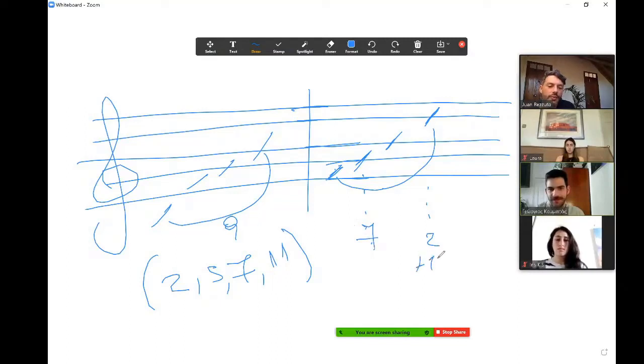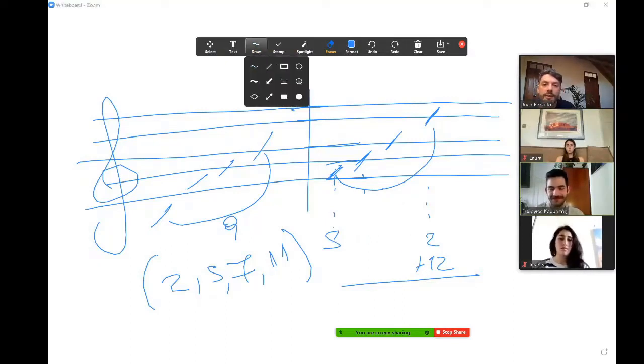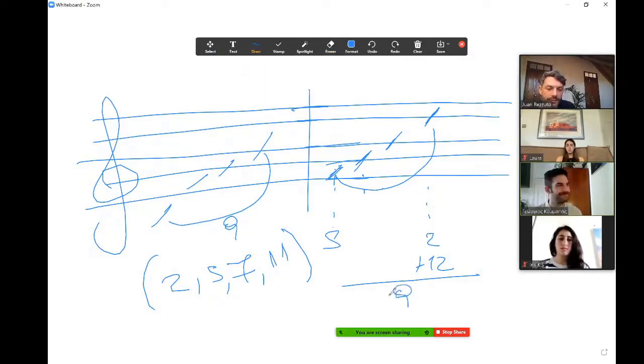So then, plus 12. But from F or from G? Sorry, I did it wrong myself. From here. So what is this interval? 5. I did it right the first time. Okay, so what is this? 14. Precisely. 14 minus 5. What's the interval? Yeah, 9.